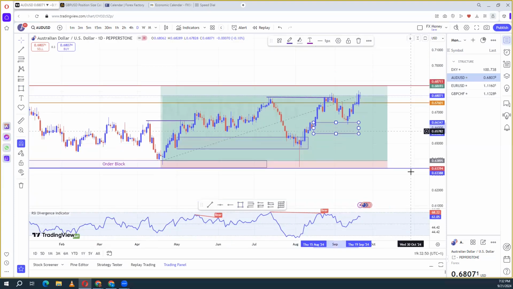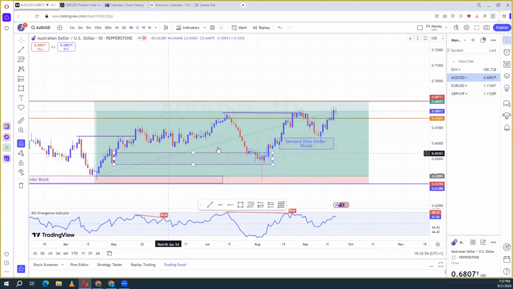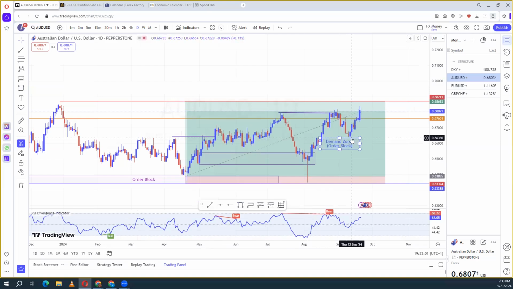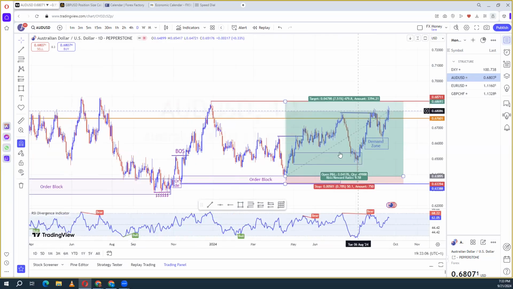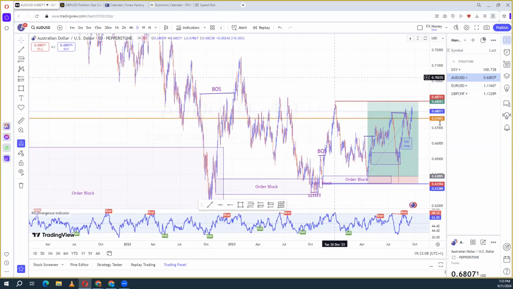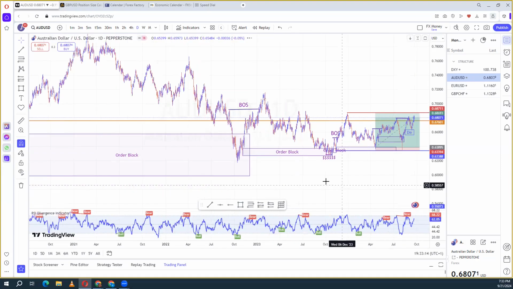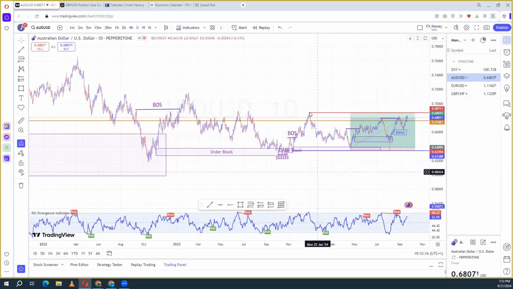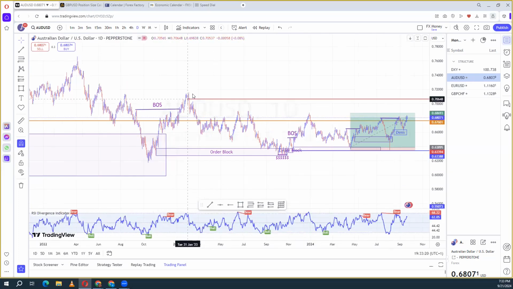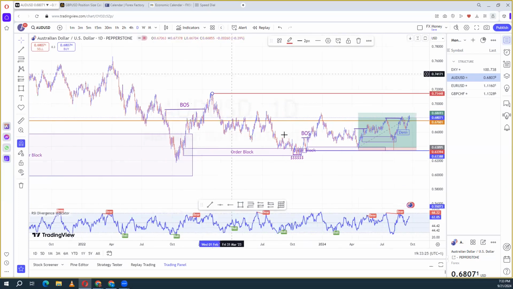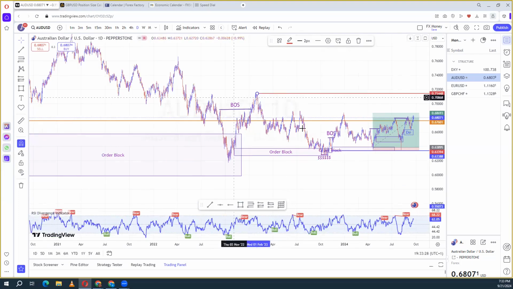And boom, although you would have got almost like you would have here, it's still something you could have taken advantage of to get to this target. Now, don't forget, that is not the overall target. The overall target is this, because we broke this high.